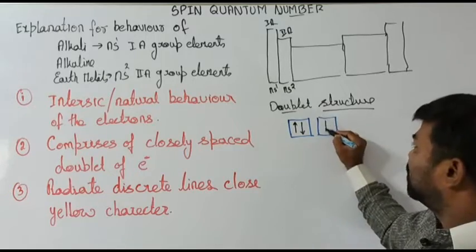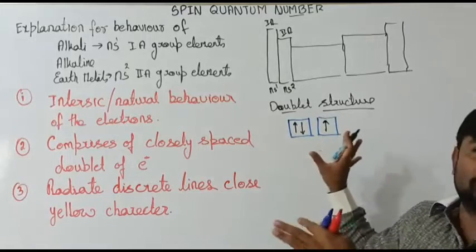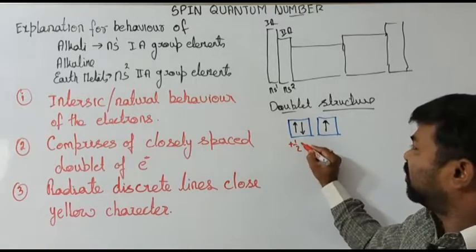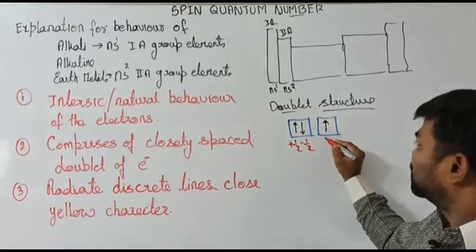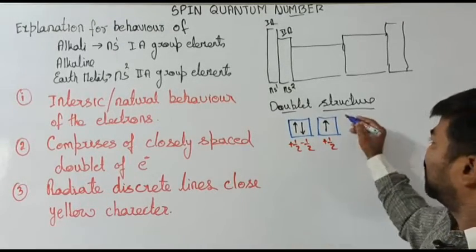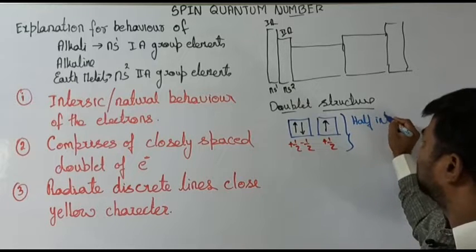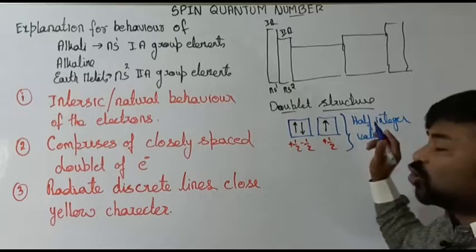If we have an electron pairing like this structure, here it is plus half and this is minus half, balanced, whereas here we have only a half. So can I call this half integral values?